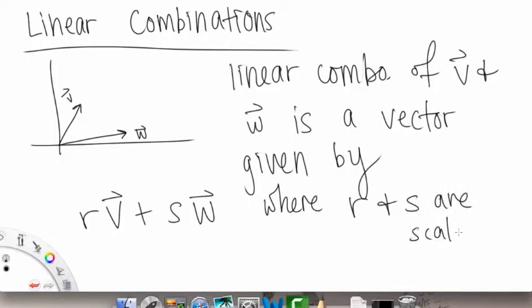Scalars just mean real numbers, like 2 or 3, or even fractions, like 2.5.